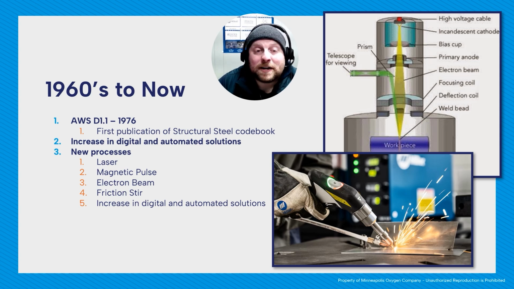There's been a big increase in digital and automated solutions as time goes on, taking a lot of things from analog into digital processes. We think about machinery, like welding machinery. A lot of it used to be big transformer systems. So basically the changing or adjustment of your electrical power was done mechanically. Now a lot of that's done digitally, and we use things called inverters.